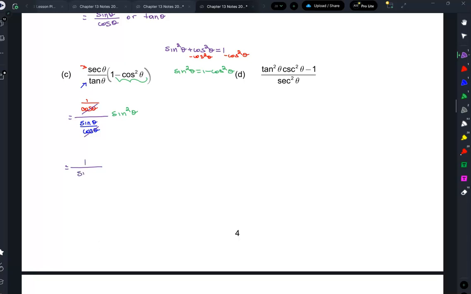In the denominator, sine theta times sine squared theta. 1 goes with 1 sine theta. Okay, so that's this. 1 minus cosine squared is sine squared. Then we just copied it over. Okay. All right.